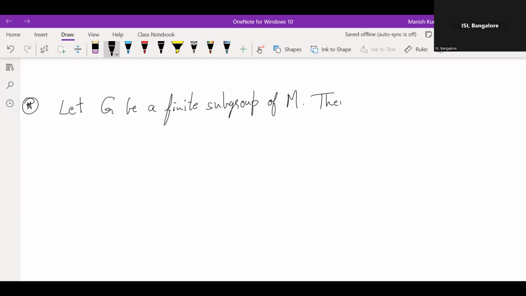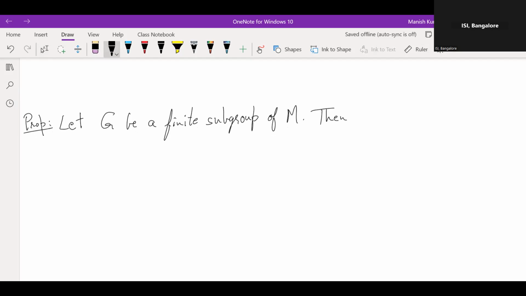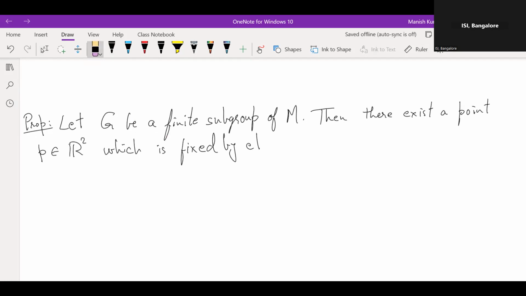Then what we want to show is, maybe let's call it a proposition, and from this it will follow that there exists a point P in R2 which is fixed by every element of G. So G basically fixes one particular point of the plane.